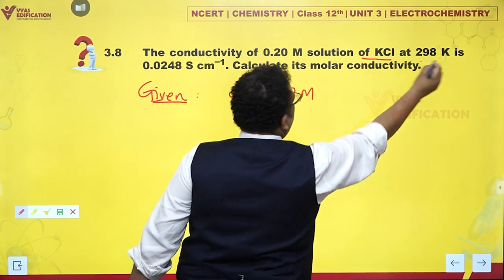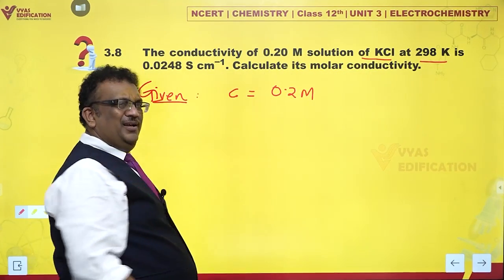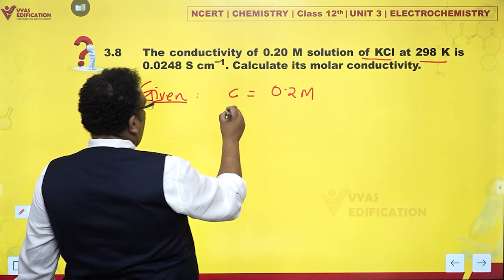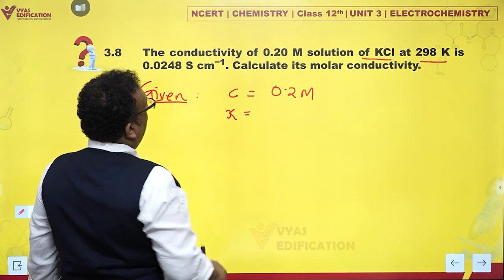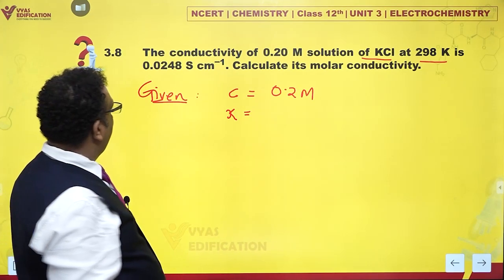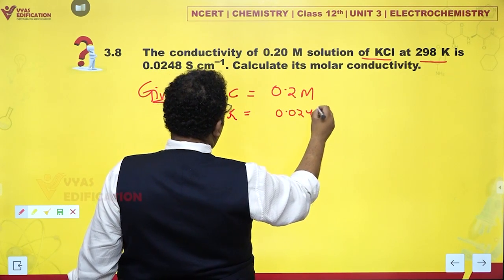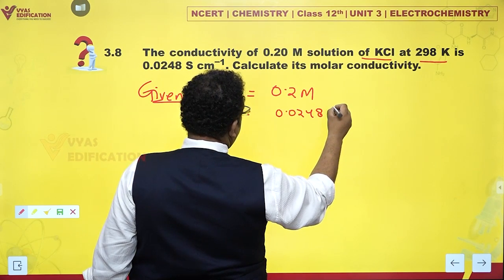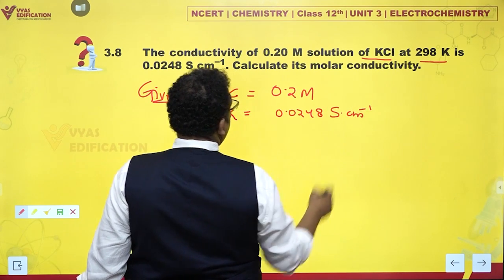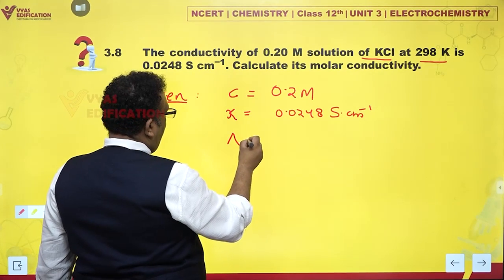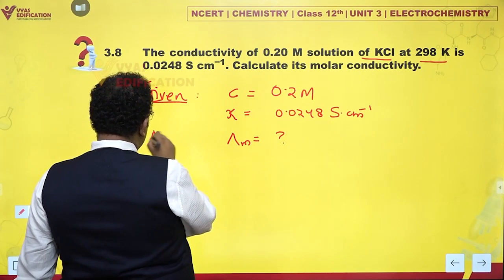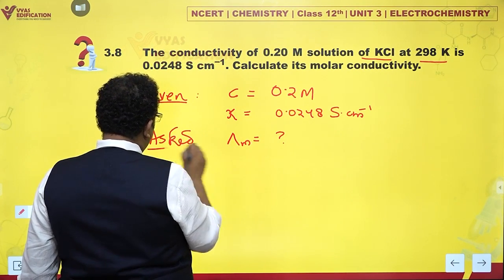Temperature 298 Kelvin. KCl is fine, least interested, it's usually the case. Kappa, the conductivity or the specific conductance, is 0.0248 Siemens per centimeter, and lambda m is what is asked.